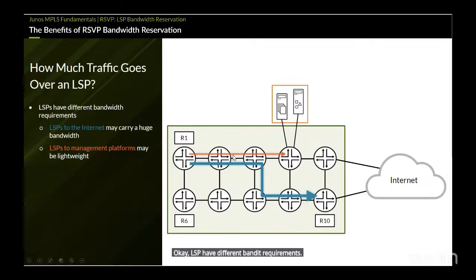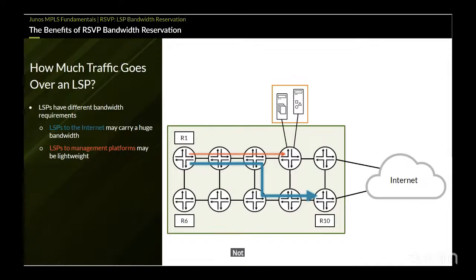You can push traffic from router 1 to the server. This traffic requirement can vary, depending on requirement. And the blue line, maybe their volume of traffic will be big compared with red. Okay, so you need different traffic volume for different LSPs.